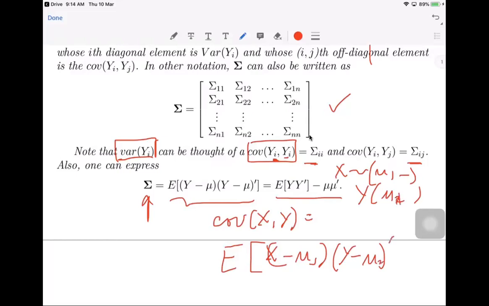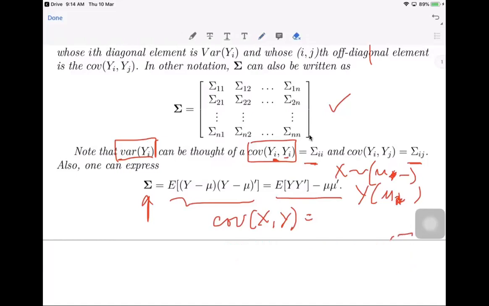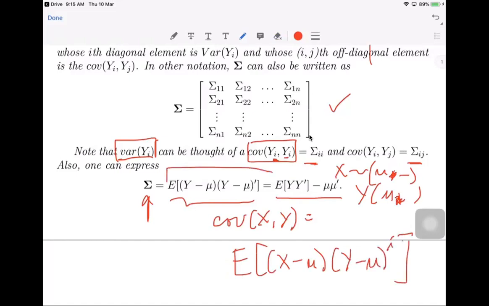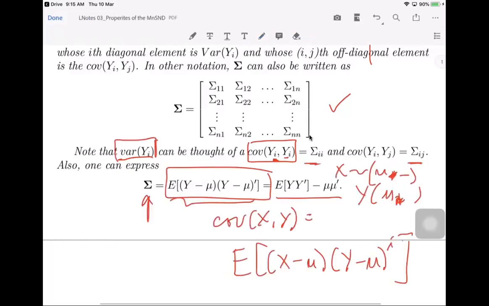If they have the same mean mu, it is the expectation of x minus mu and y minus mu prime. This is the general formula of your variance in terms of expectations.